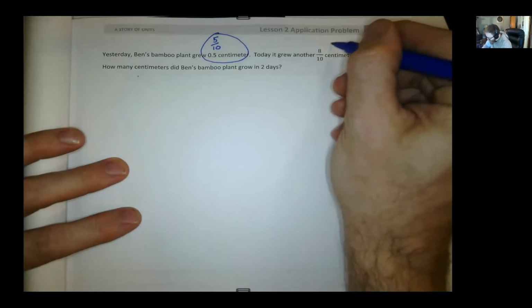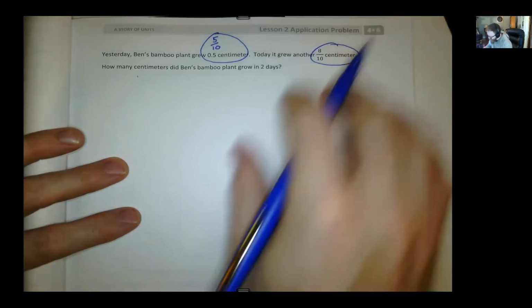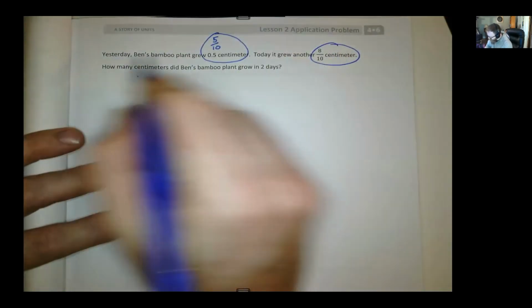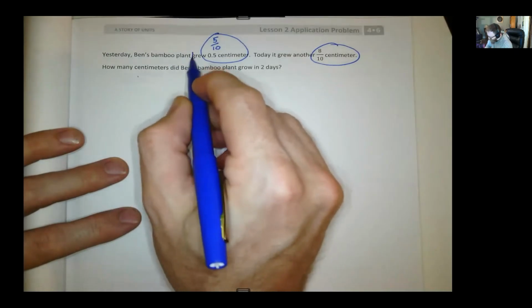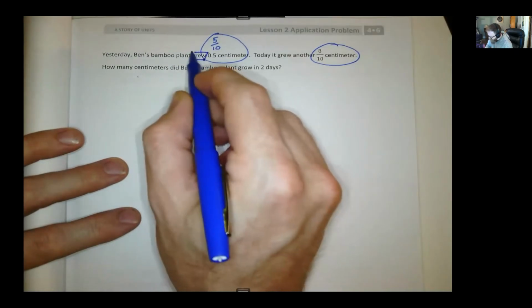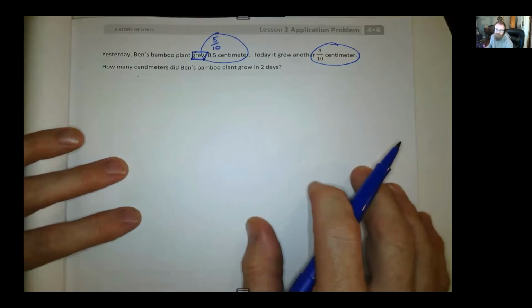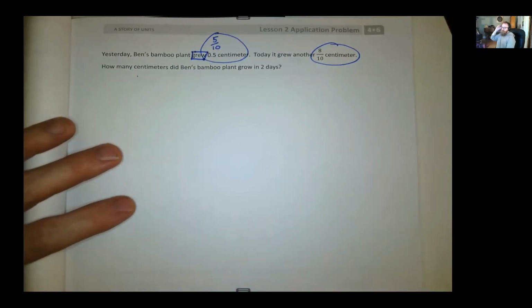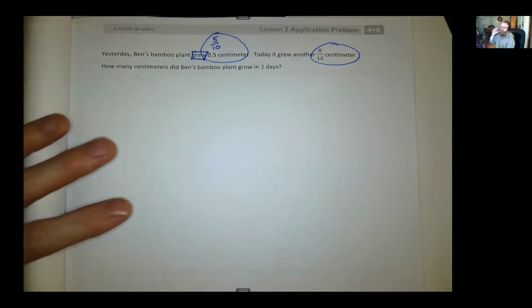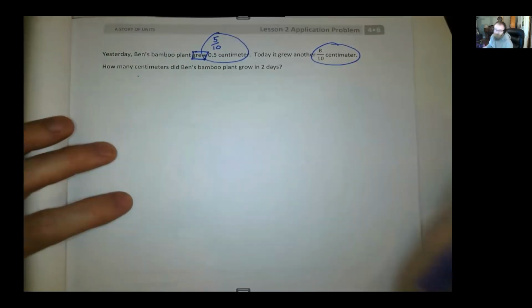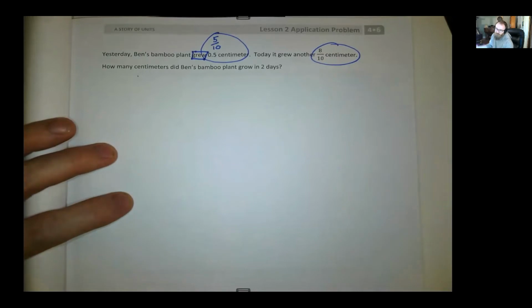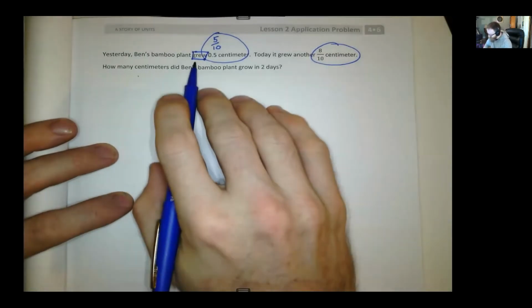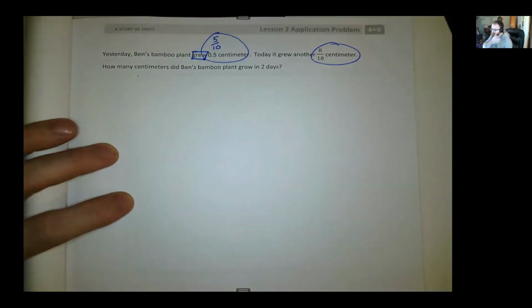I also see 8/10 of a centimeter. The word grew tells me that these values are increasing. When something grows, it gets bigger, right? If Ben's plant was being chopped down or trimmed, maybe it would be decreasing. Grew means it is increasing, okay?